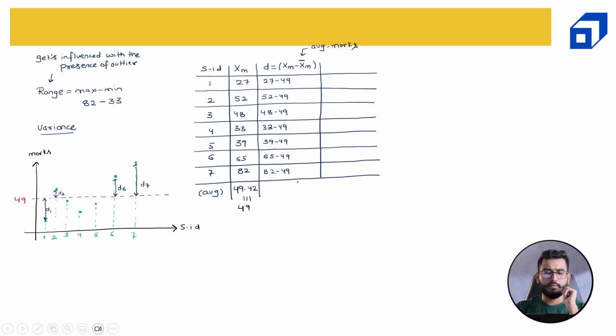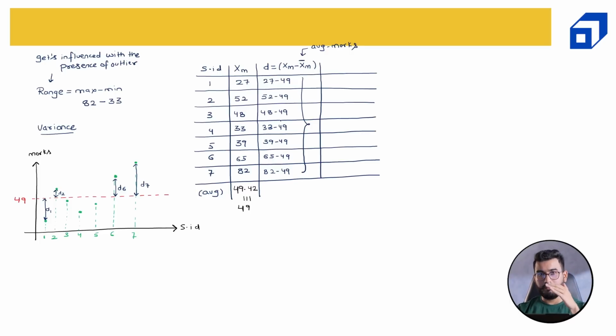Now if I ask you what is the average distance from the center, basically meaning how much on an average a data point is deviated from the center. Now if I have to find out the average, I have to take the sum of all these values, right? The problem is that a few of the values are above the average, which would result in a positive value.